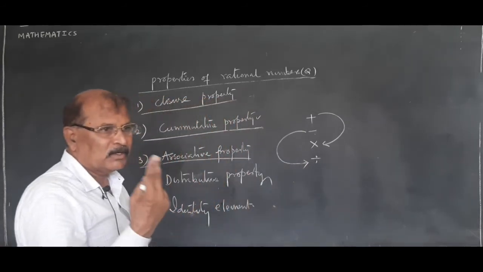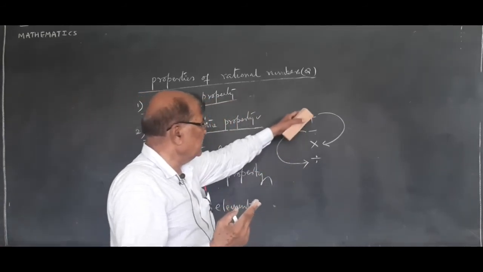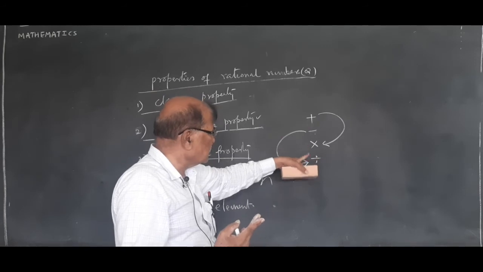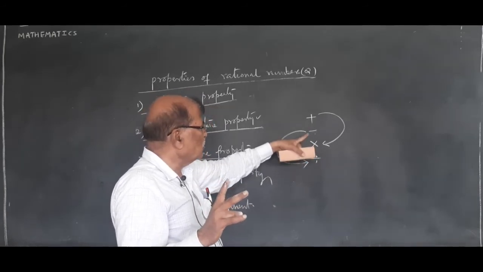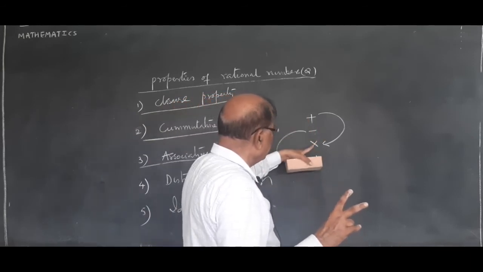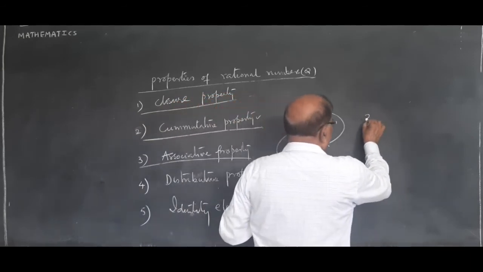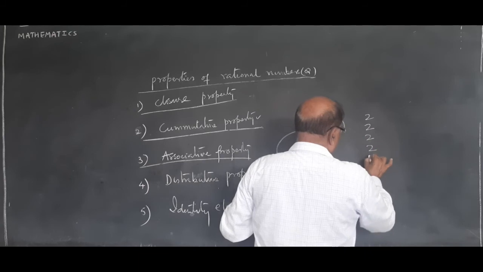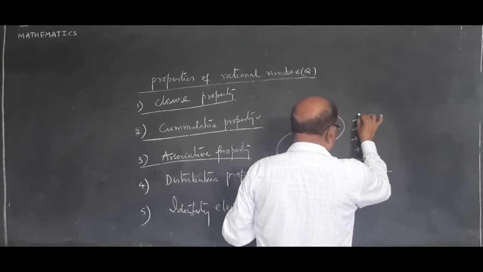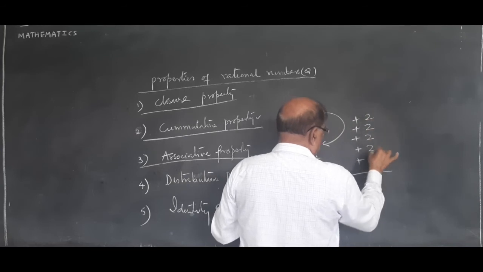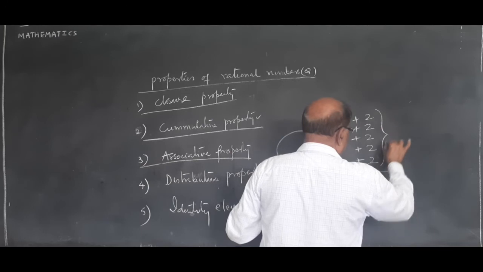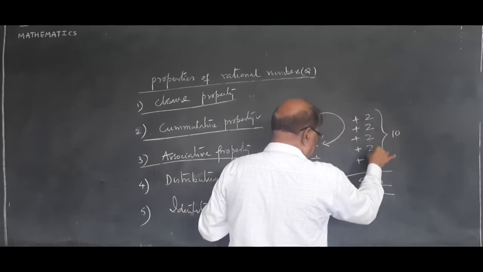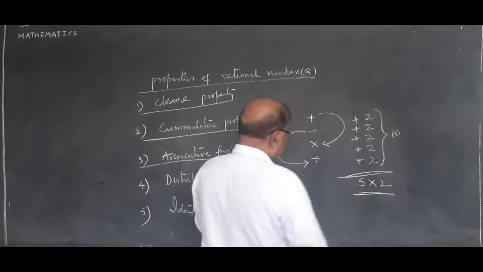So we have only 2 fundamental operations, addition and subtraction. How can you say that repeated addition is a multiplication? 2, 2, 2, 2, 2. 2 is repeated 5 times, 5 into 2, 10, the result is 10. So repeated addition is called multiplication.